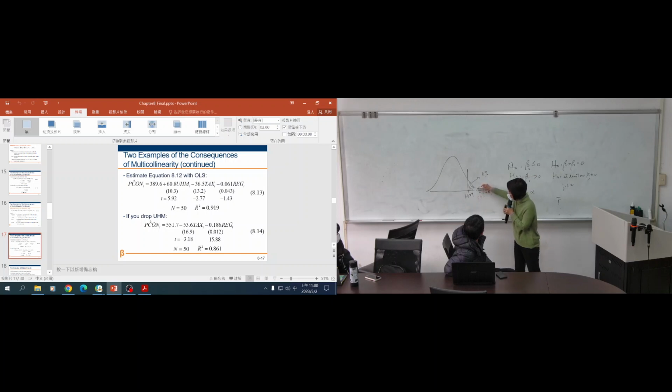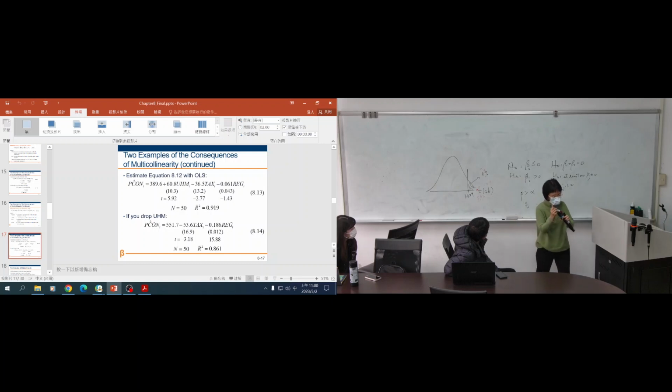So this is what we call p, and this is alpha. In this diagram, p is smaller than alpha, right? So in other words, using the critical value approach, just look at the t values. If the t value is greater than the critical value, then you can immediately know that p is smaller than alpha.